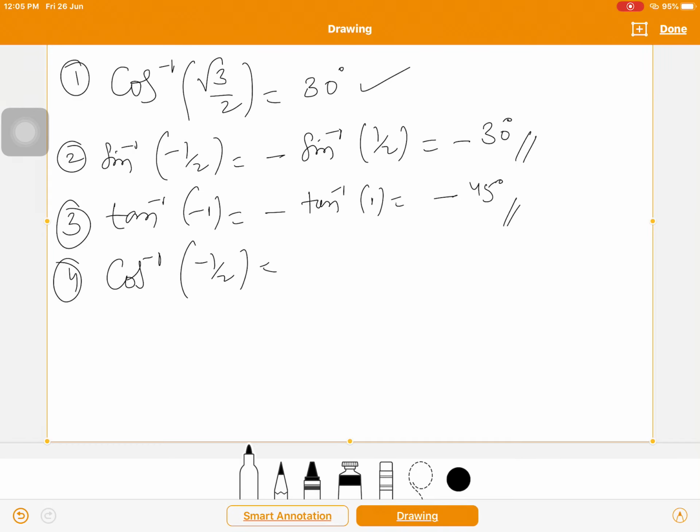Be careful, negative is there in cos inverse. So it is pi minus cos inverse of 1 by 2. Pi means 180, minus cos table 1 by 2, which is 60 degrees. 180 minus 60, 120 degrees is the answer.